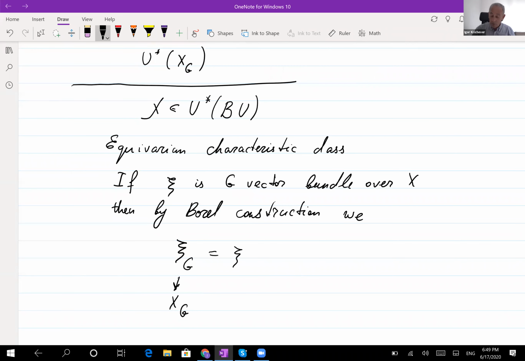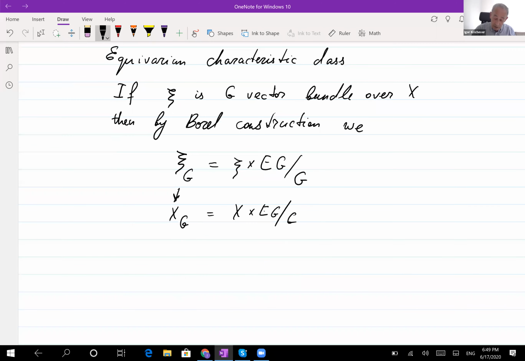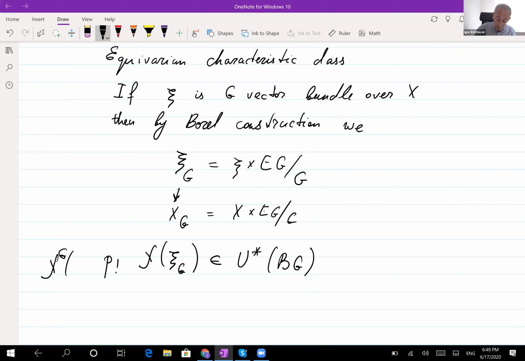We take the total space of psi, multiply by EG, and take the factor, which is X times EG over G. So you have a bundle. Then you can take the value of the class and take the push forward, and you get an element in the unitary cobordism of your classifying space BG. That we will call the characteristic class of psi, XG, of G. This is by definition.